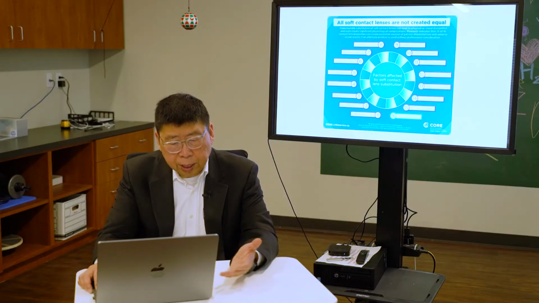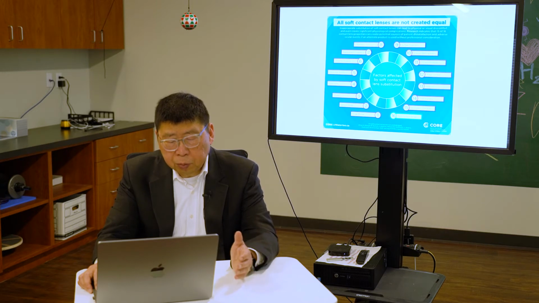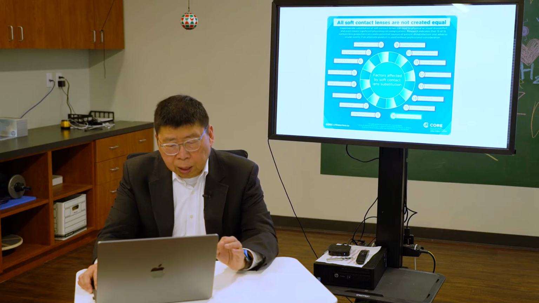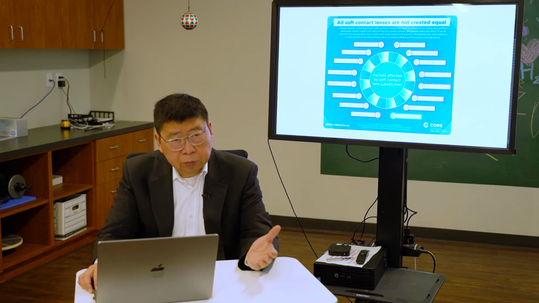For comfort, some examples are edge profile, thickness of the lens, the modulus, meaning how soft or hard the lens is, the size, and the curvature of the lens. For optics, we are talking about the power, the front surface curvature, the back surface curvature, and the water content. All these are created to give you the optimal vision.